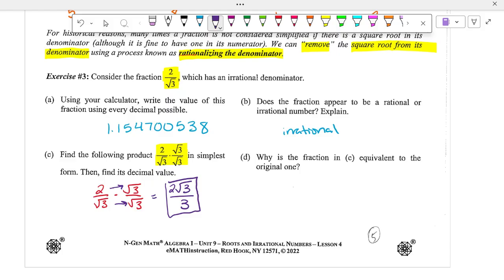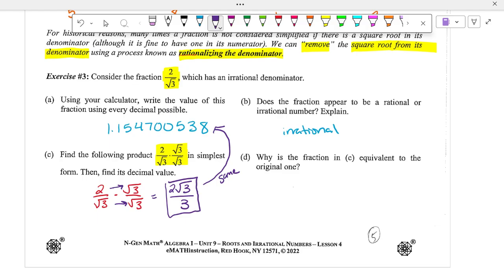I want to see if you get the exact same thing that we got previously. So thumbs up if you got the exact same thing. Right. That's what you should have gotten. So this is the same as what we got when we did 2 over the square root of 3.